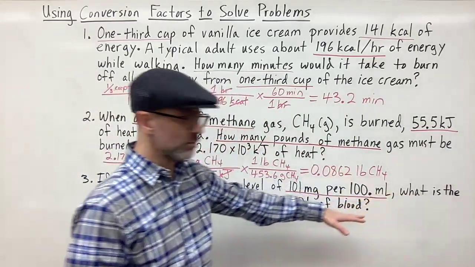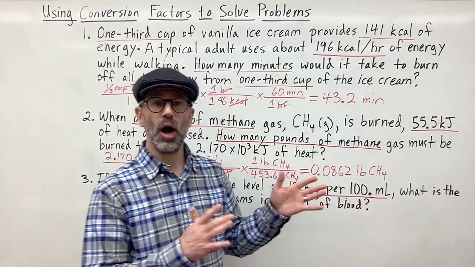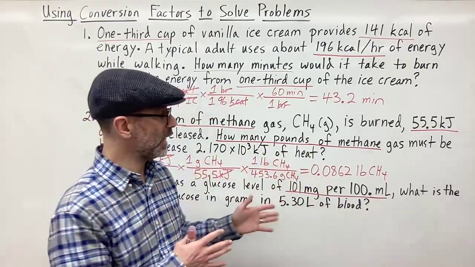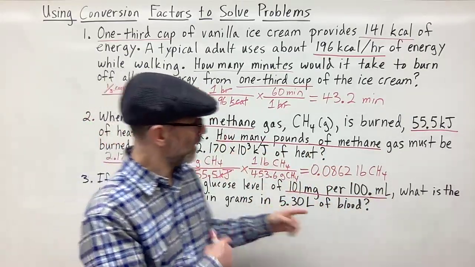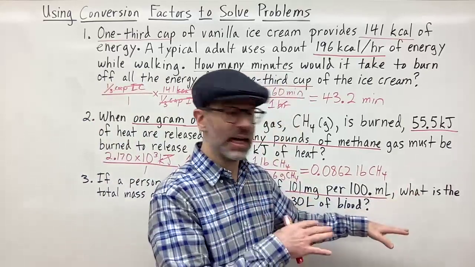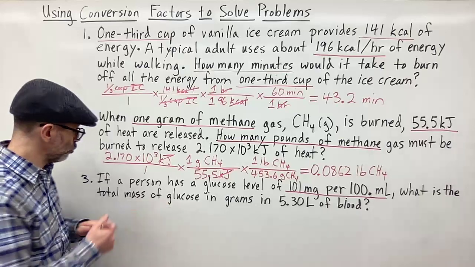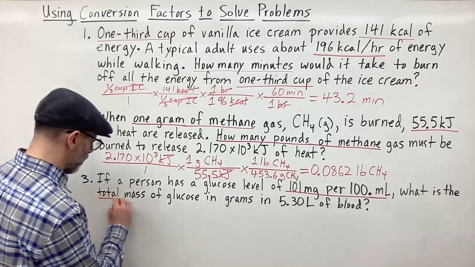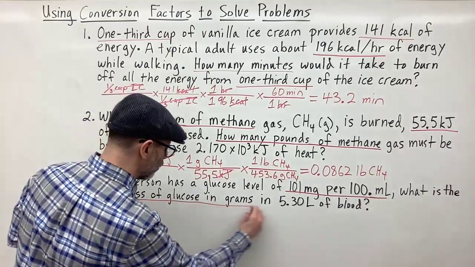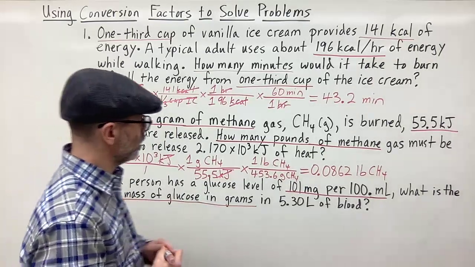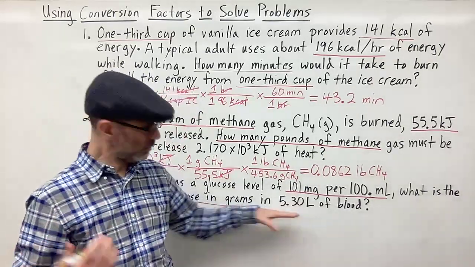Now the question. So remember, we got to figure out where to begin and where to end. The beginning of the question is the end of the problem. What is the total mass of glucose? So we're looking for the total mass of glucose in grams. We want grams of glucose. In what? Where do we begin? Keep reading.